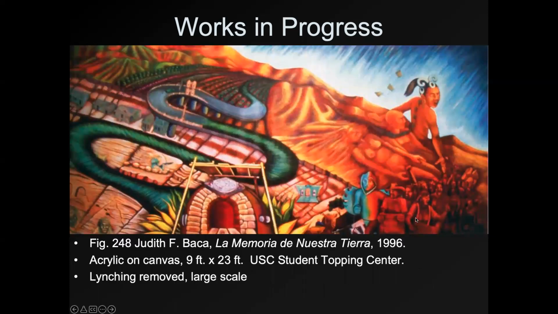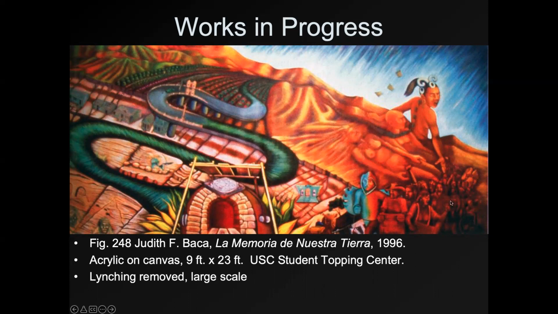You may notice that the lynching was removed in this one, although it's very dark here, because the USC administration said they didn't want to have this in it. Judith Baca and her students fought really hard to keep it in, but they refused to allow them to paint it in a student center with it.